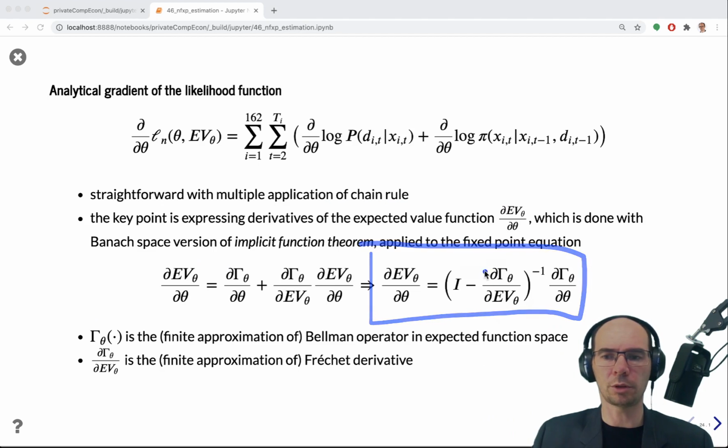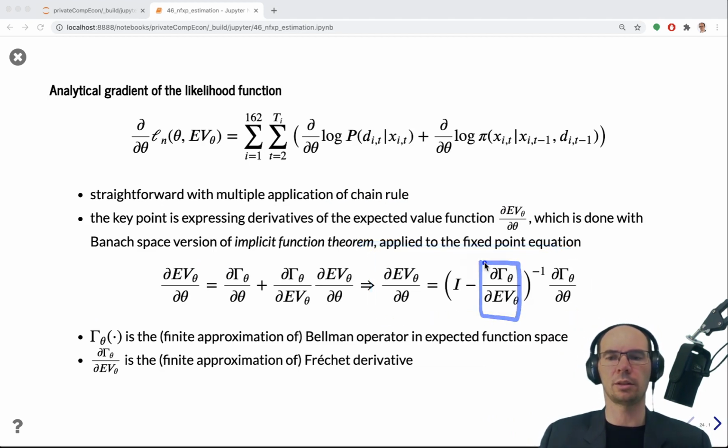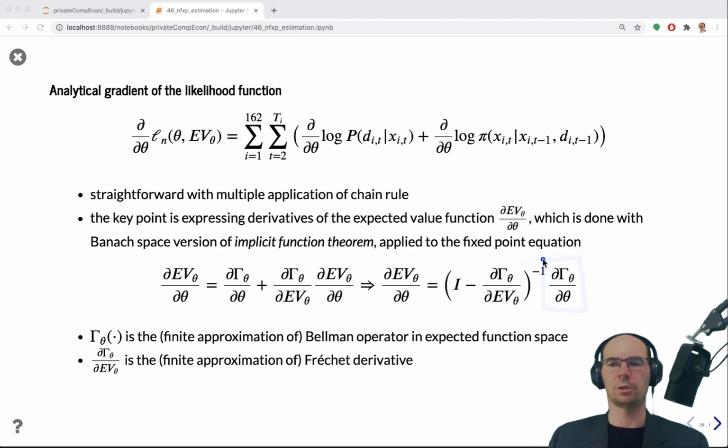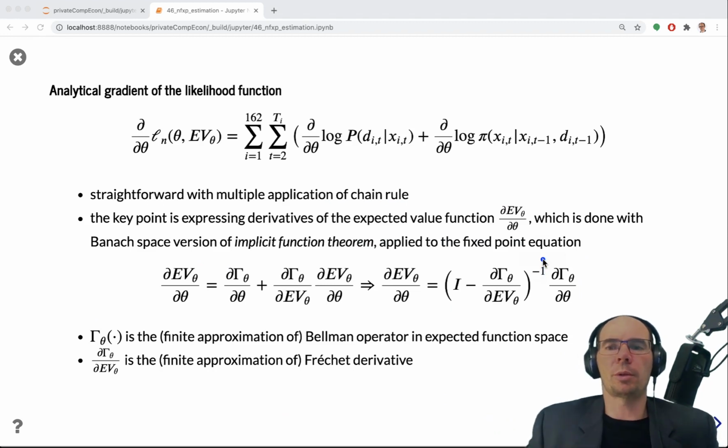And Frechet derivative shows up in here just as well, but because we had to calculate the Frechet derivative for all different values of EV in order to find the fixed point on the inner loop, then we can just pass it from the inner loop to the outer loop from the last iteration and use it here. And here we need to do one more inversion of the matrix and multiply it with this derivative of the Bellman operator with respect to the structural parameters.